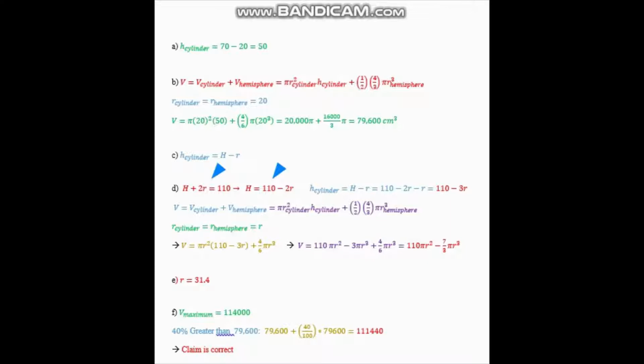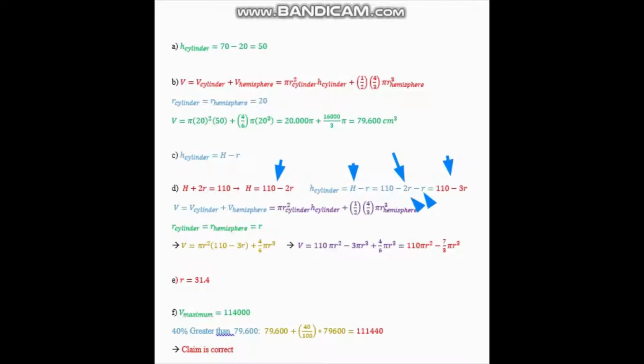And since we know that the height of the cylinder is H capital minus R, which we have derived in C, we can say that the height of the cylinder is equivalent to 110 minus 2R minus R. How did I reach this expression? Simply by putting 110 minus 2R instead of H capital. Hence, the height of the cylinder shall be 110 minus 3R.